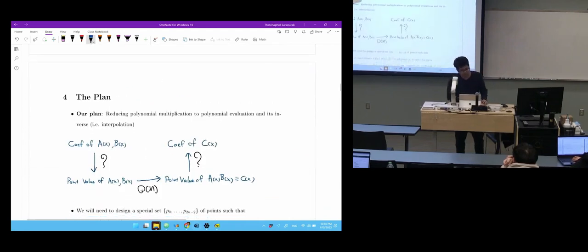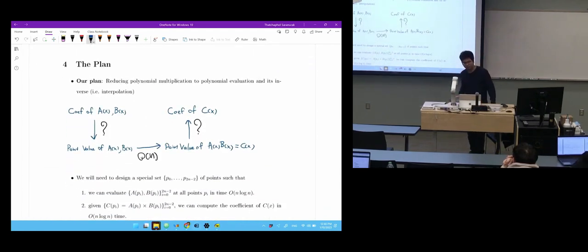So our plan is the following. I will reduce the problem from polynomial multiplication to polynomial evaluation. That is, we are given the coefficients of A and B, and we want the coefficients of C. What we're going to do is choose some points and evaluate A and B at many points.